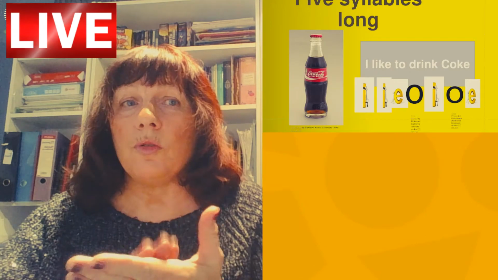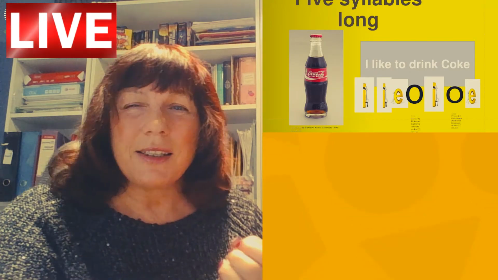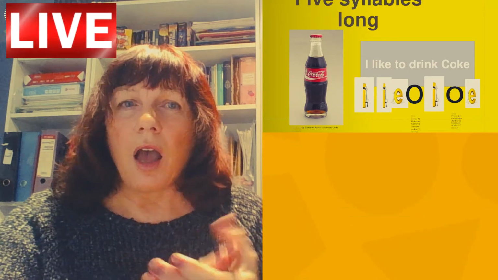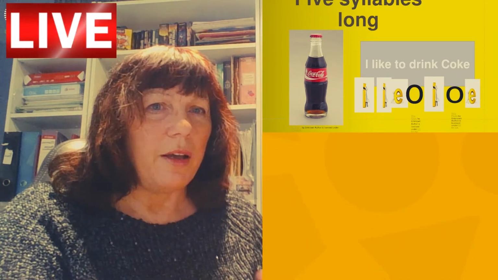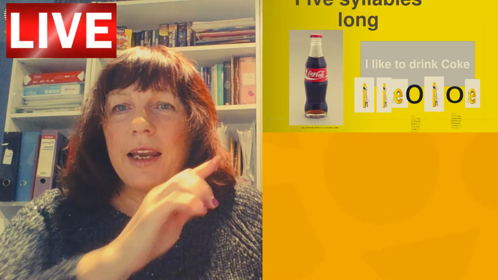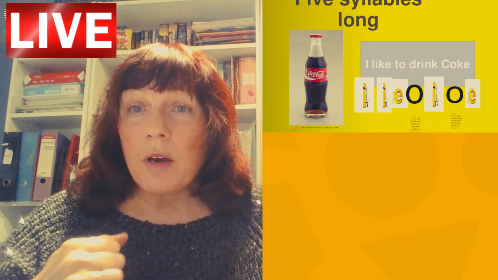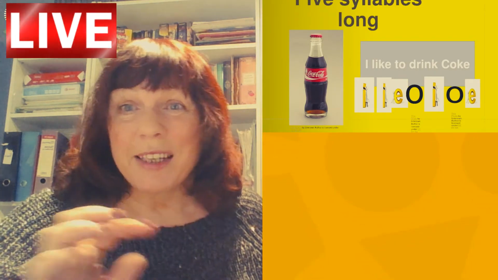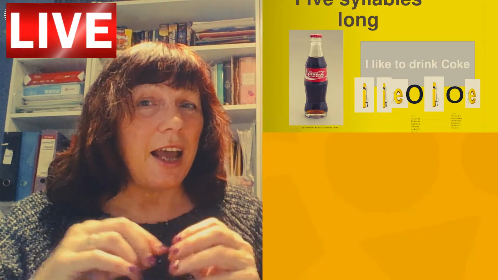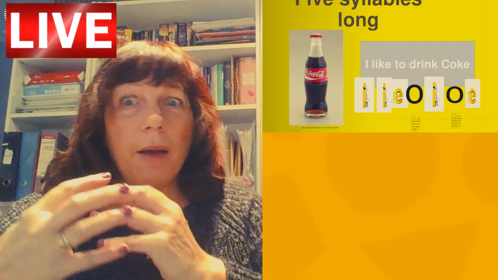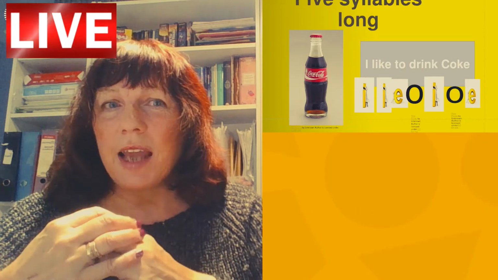I like to drink Coke. Let's listen to the vowel sounds. I, oo, o. Yes, here we have again that E, that when we're working with children in school we call it the magic E. This is really magic, isn't it? You put the E at the end and the vowel in the middle makes the sound of its name.